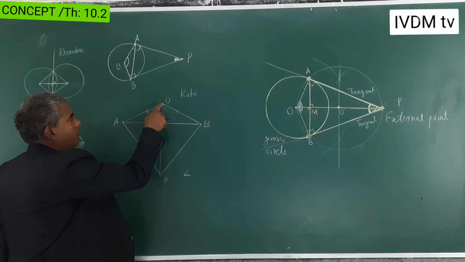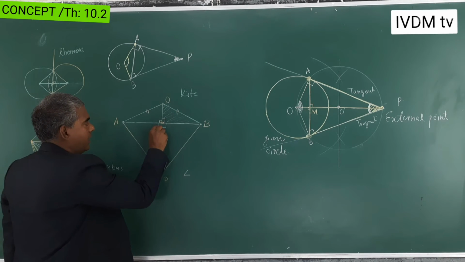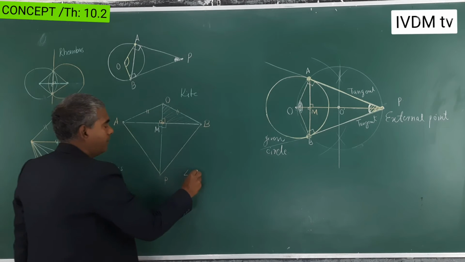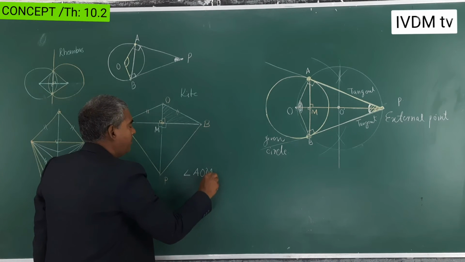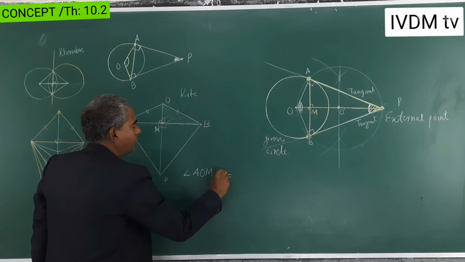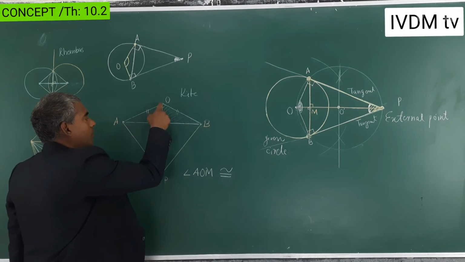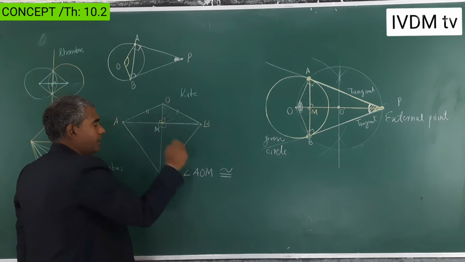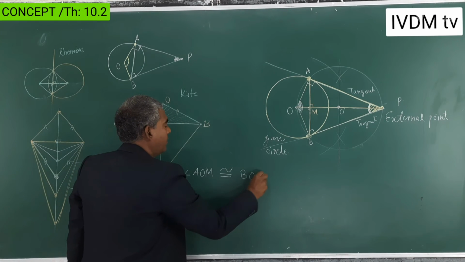Suppose this is M: triangle AOM is congruent to triangle BOM.